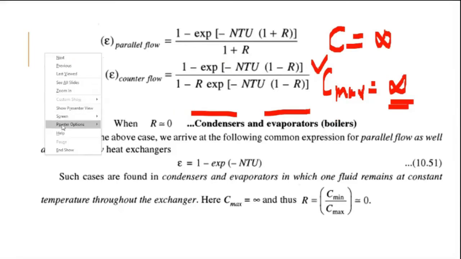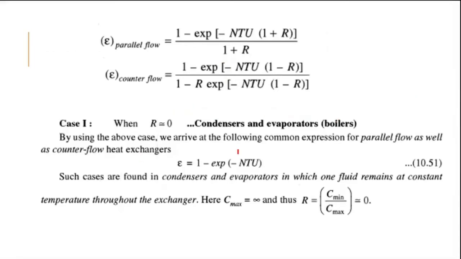Okay. So here what we get is for the cases of condenser and evaporator, this evaporator we can also call a boiler, Cmax value is equal to infinity.